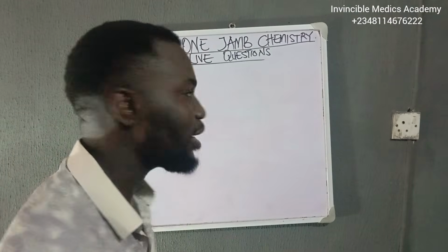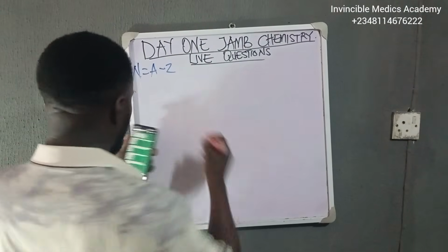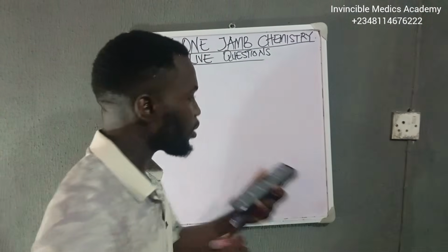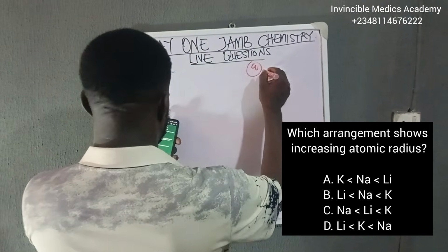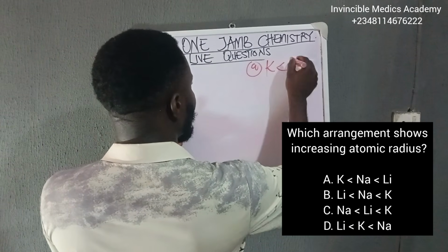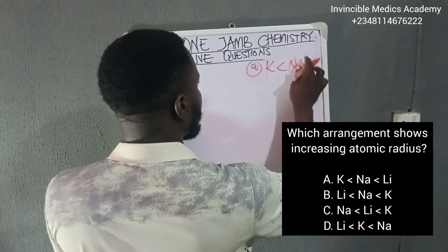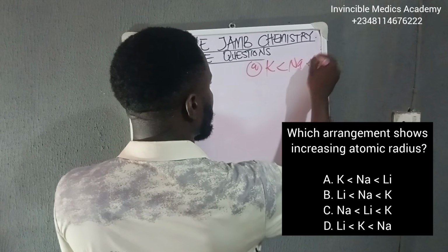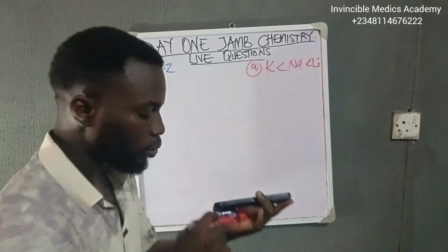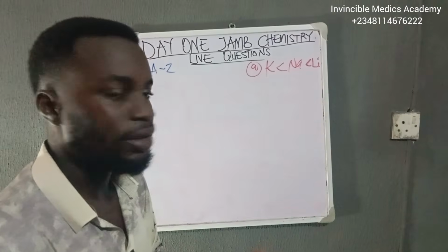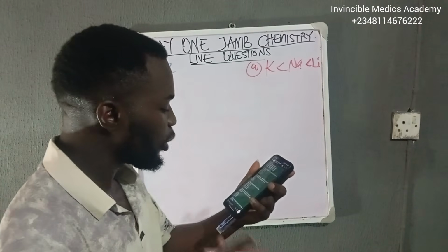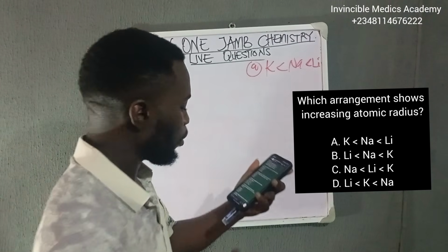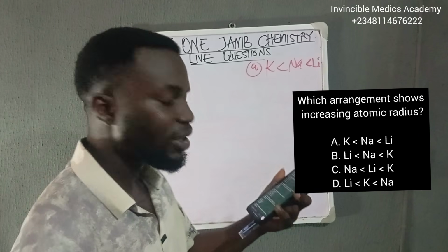Whenever you're dealing with science, you will always see something like this. Let me read the options for you. Option A, potassium less than sodium less than lithium. Option B, lithium less than sodium less than potassium. Option C, sodium less than lithium less than potassium.